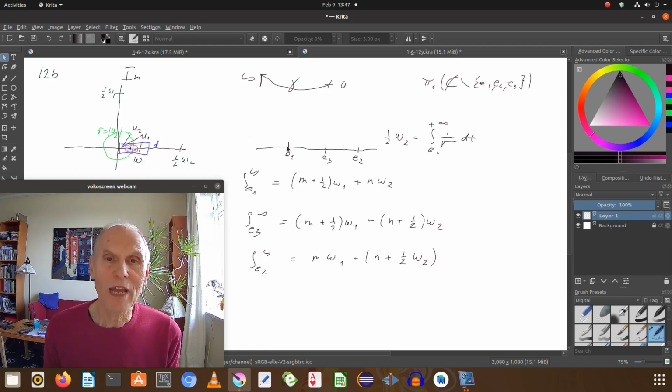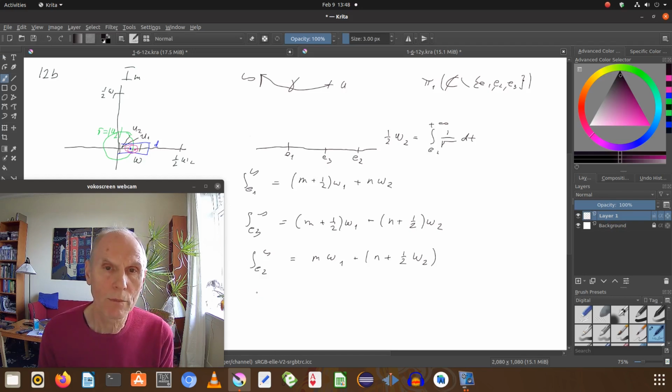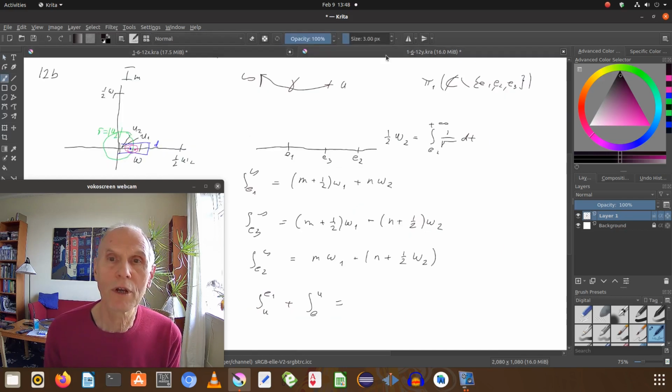And that means when we add this to our U, so first we go from U to E1, and then we go from E1 to U. Now, depending on the path, the first one was Z plus minus half omega 1.